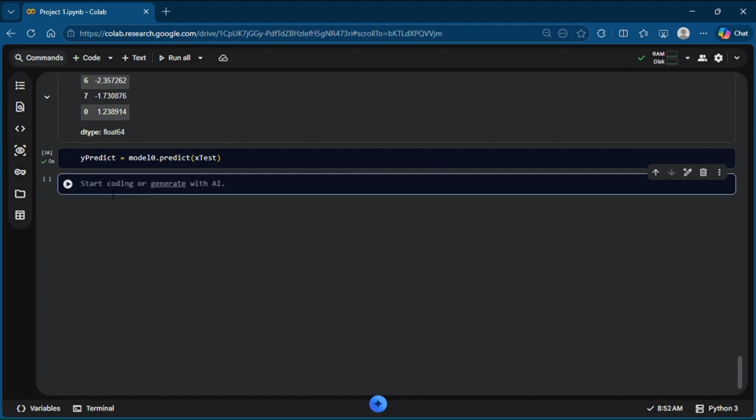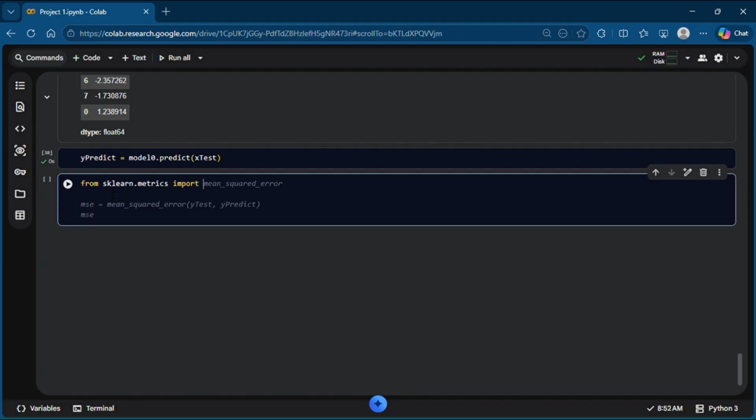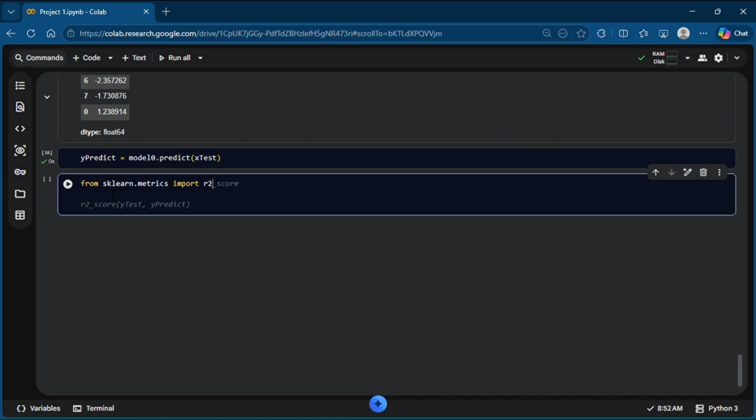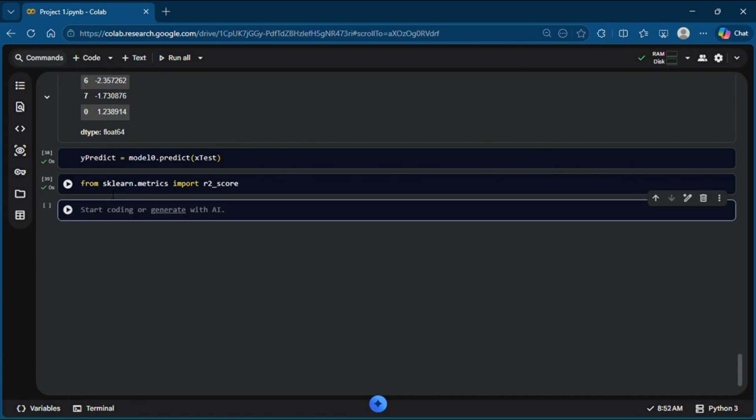So to see its accuracy, and how good it was, we need to import r2_score from sklearn.metrics.